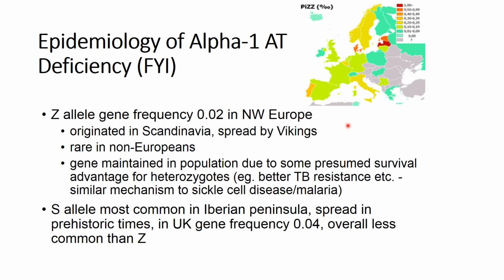The S allele is coming from the Iberian Peninsula, and then it spread to Europe. For some reason, the frequency is a little bit higher in the United Kingdom.